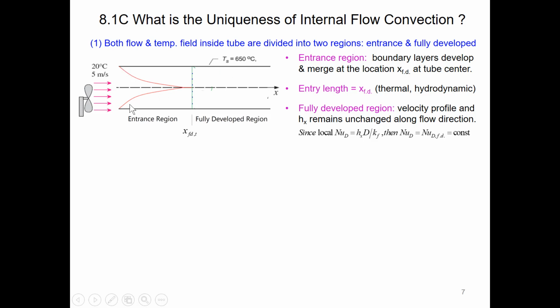In the entrance region, boundary layers develop and merge at the center of the tube. The entrance length measured from the beginning to the merging point is represented by x_fd,t for temperature field.